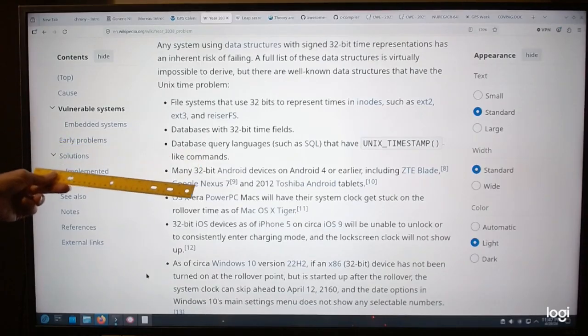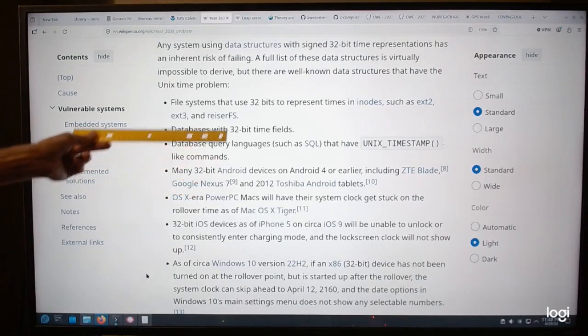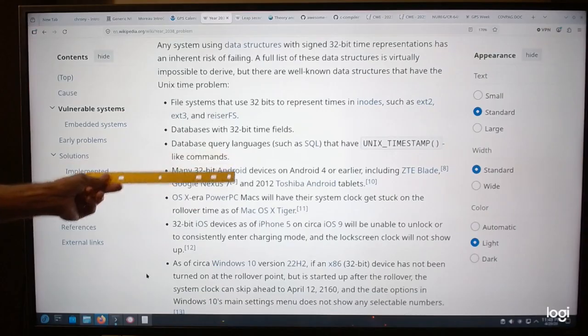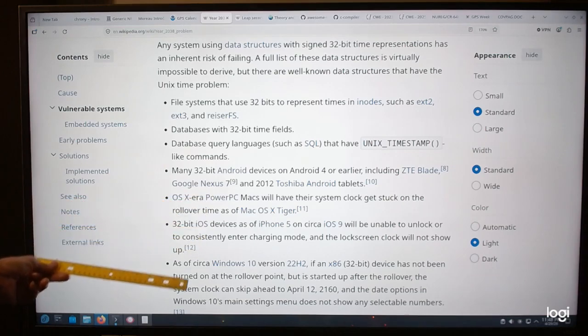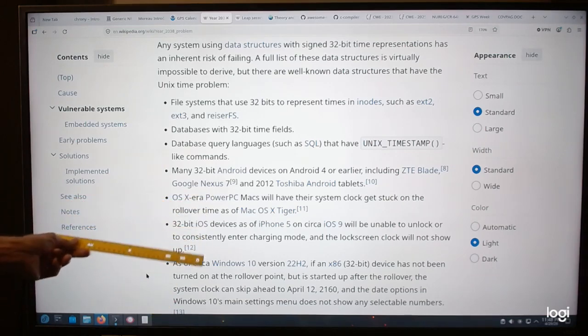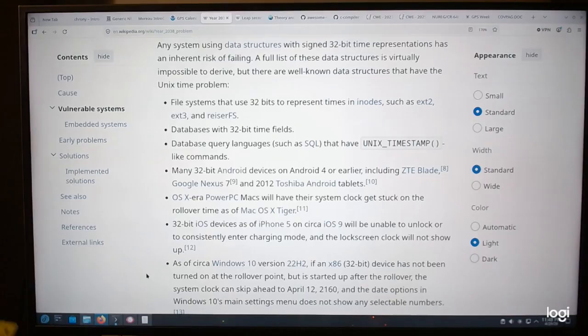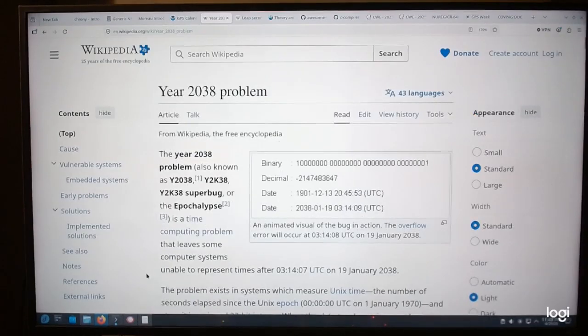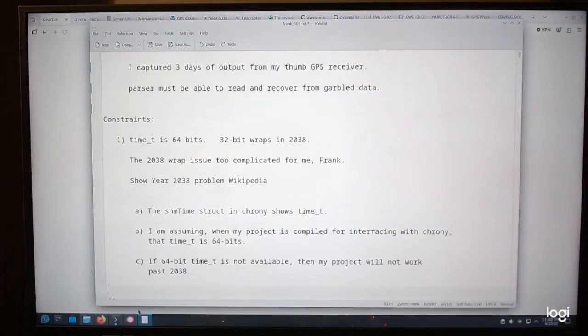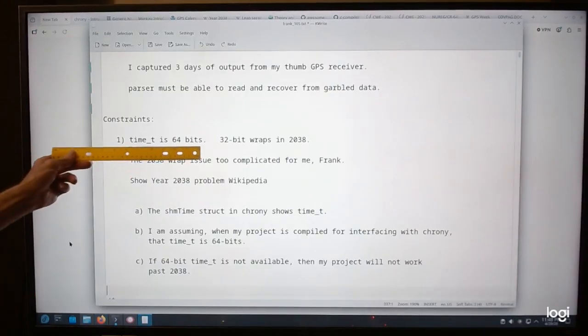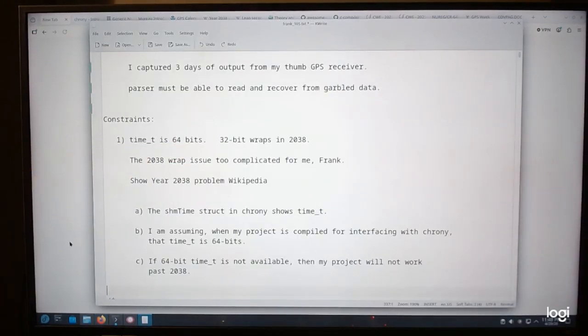There are all kinds of problems with that: file systems, databases, operating systems. So see what I'm saying? It's too hard for me. I can't deal with it. So I'm just assuming time T is 64 bits.